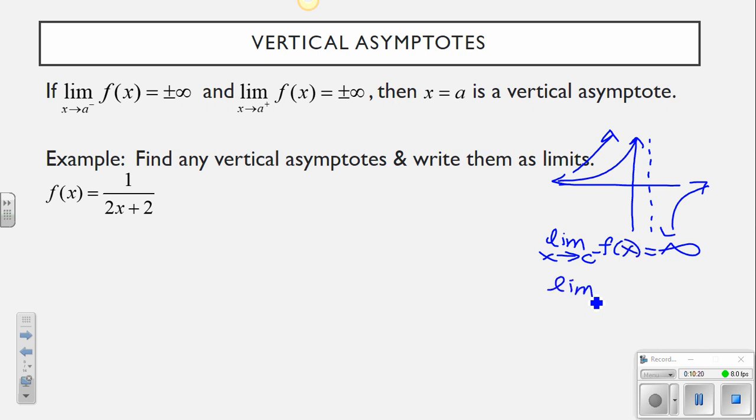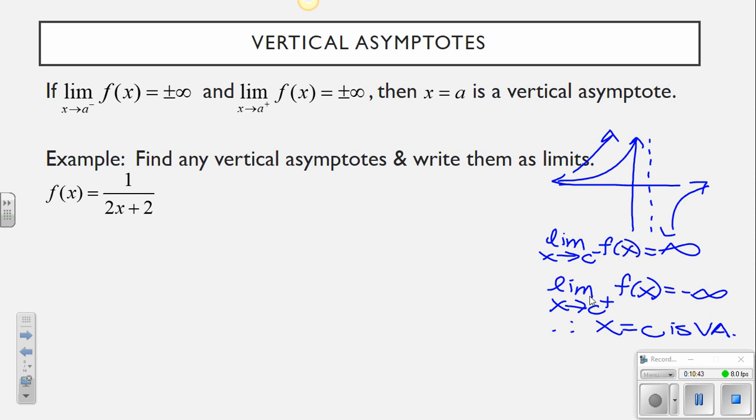And the limit as x approaches c from the right of f of x, I'm going to be going towards negative infinity. So notice that you either go towards positive or negative infinity. If that's true, coming from the left and from the right, it doesn't matter if it's positive or negative. That means, therefore, f has a vertical asymptote at x equals c.